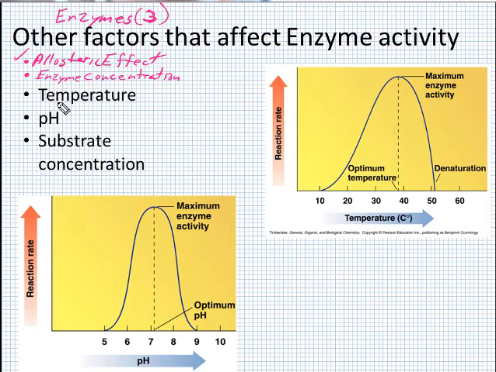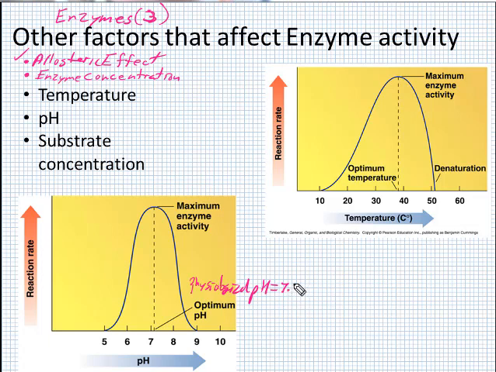But first on this slide, we're talking about temperature and pH. So first off, most enzymes have a pH optimum that is around physiological pH. So when people talk about physiological pH, they're essentially talking about blood pH, which is actually a range.